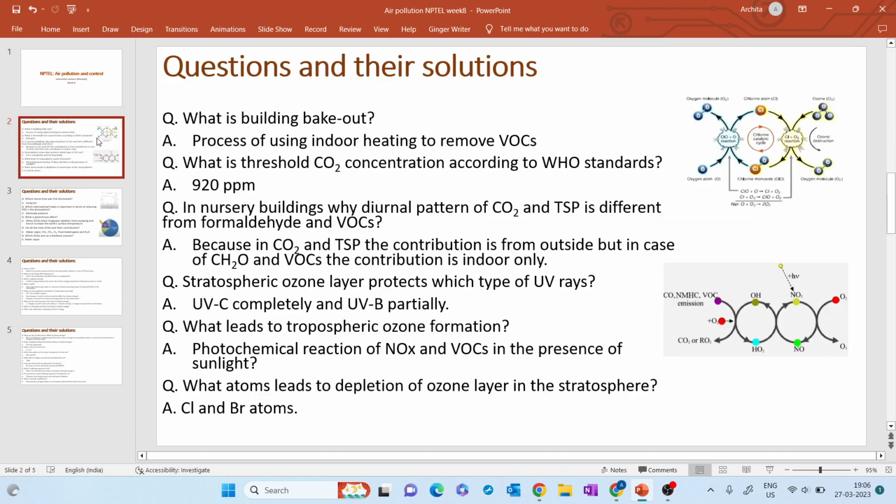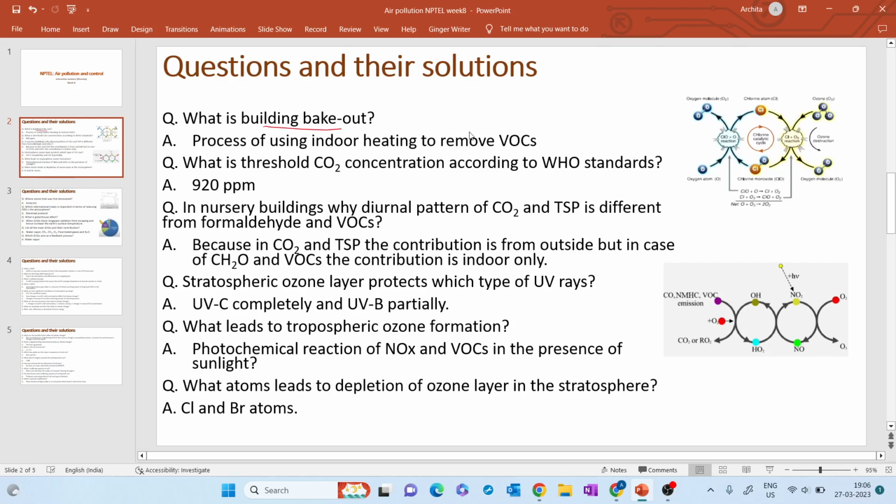In the first lecture of this week, there is a discussion about buildings and material, and one of the terms there is building breakout. So what do we understand by this term? Sometimes, if you have a lot of VOCs in an indoor air environment, you have to remove those VOCs.